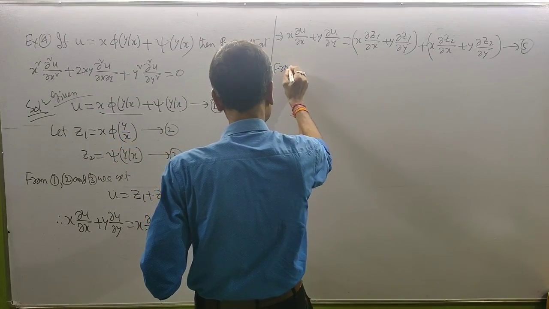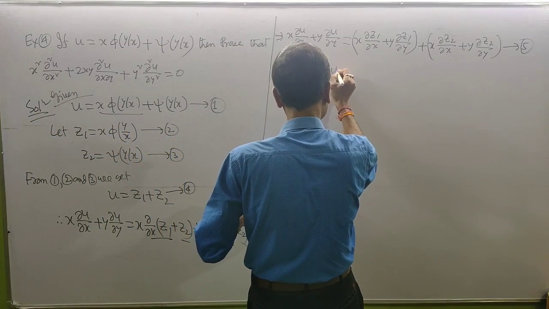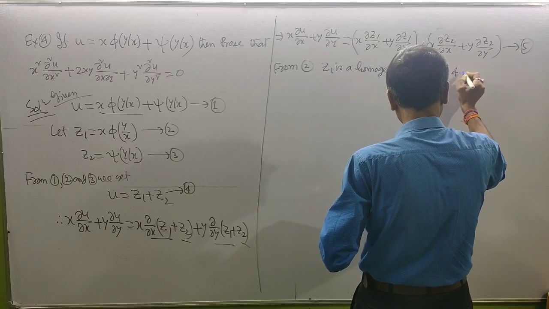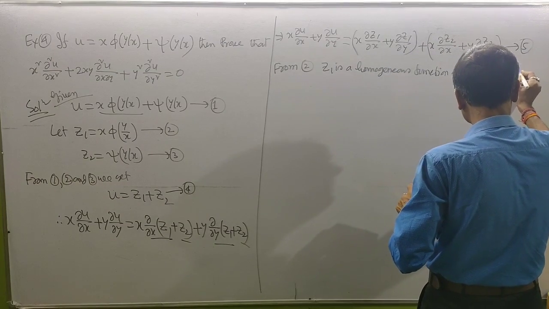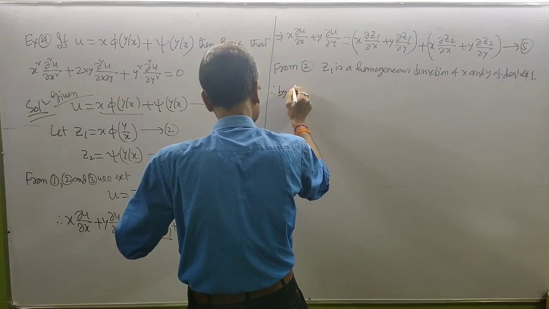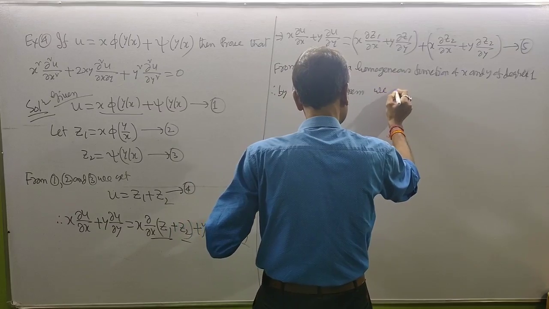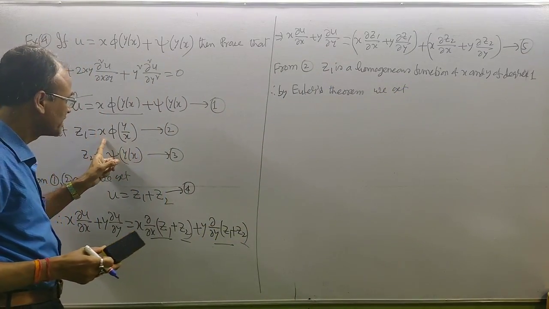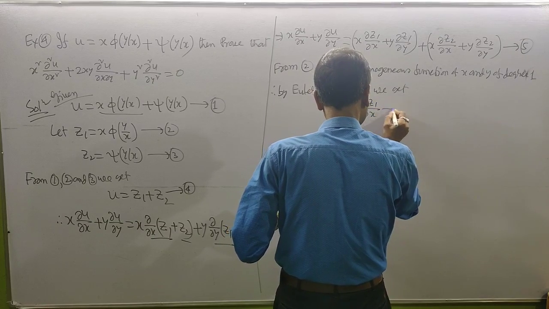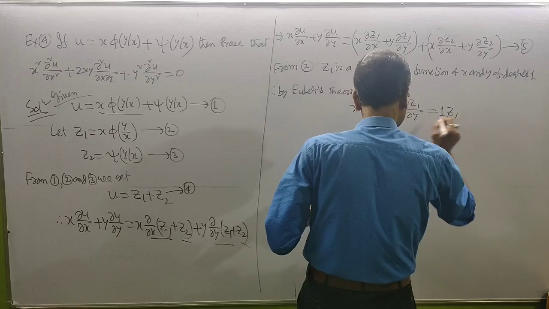Therefore, by Euler's theorem we get x del z1 by del x plus y del z1 by del y equals 1 into z1, since degree 1 means 1 into z1.